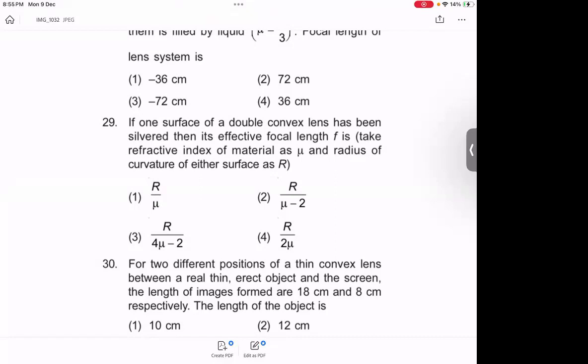So there is a double convex lens, students. One face is going to be silvered, then they are asking for its effective focal length. They are using mu as the refractive index and r as the radius of curvature. Let me solve this.